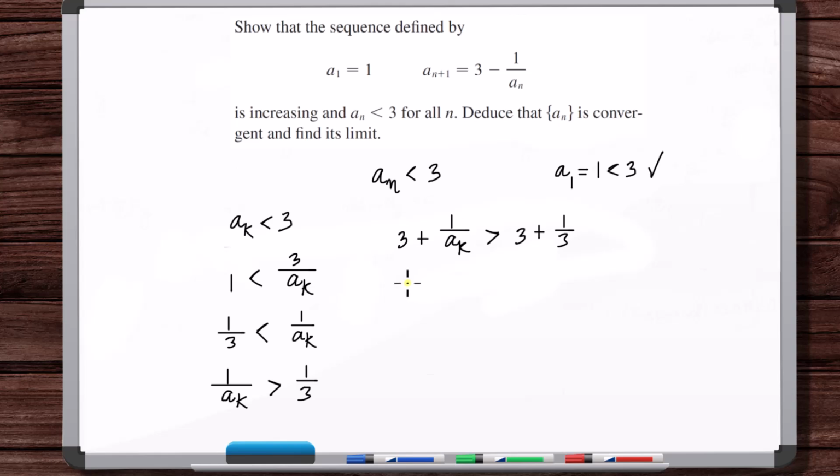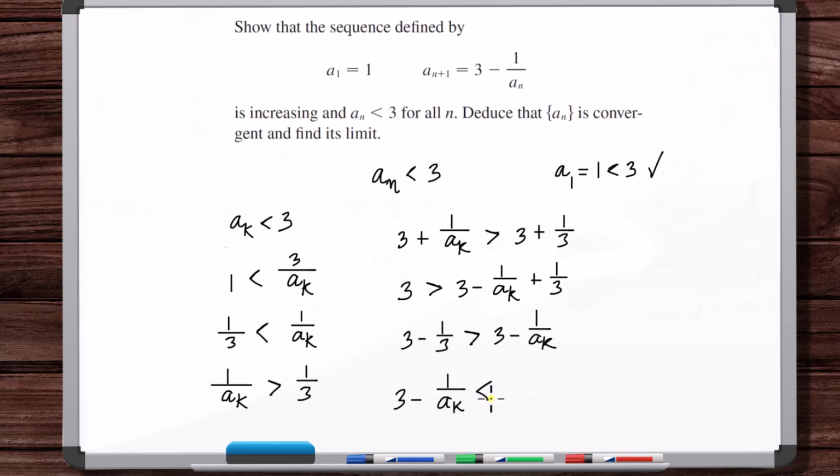Okay, now we want to subtract both sides by a sub k. Okay, now we want to subtract both sides by 1/3. Okay, so let's flip it again.